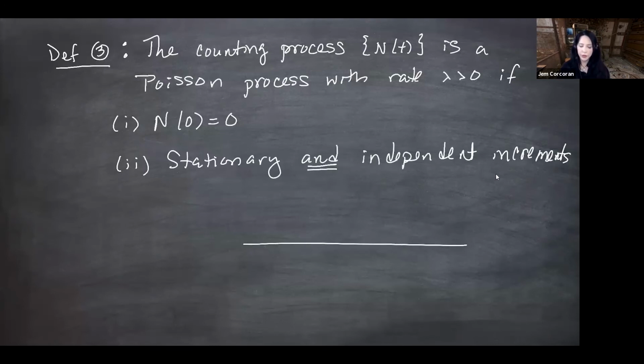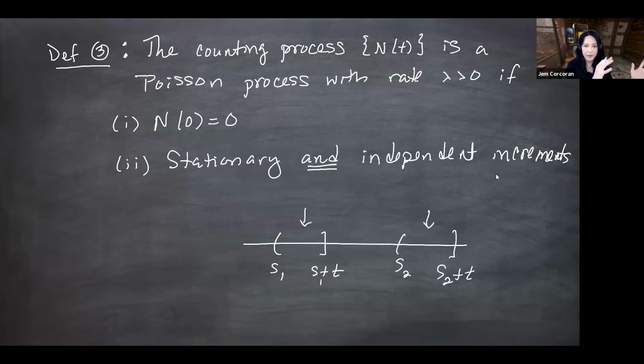So this says if you're looking at some interval of length t, let's say this is S1 and this is like an S2 and S2 plus t, the number of arrivals in both of these intervals is identical. It stays the same as I move time. It's stationary in time. So in both cases, the number of arrivals I should see in those intervals is Poisson with parameter lambda times t.